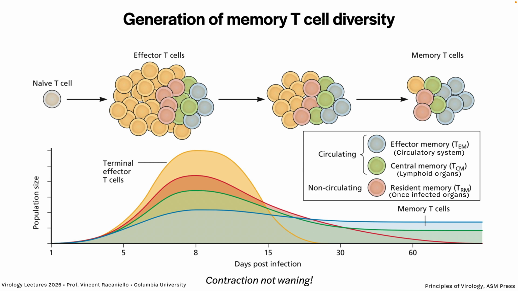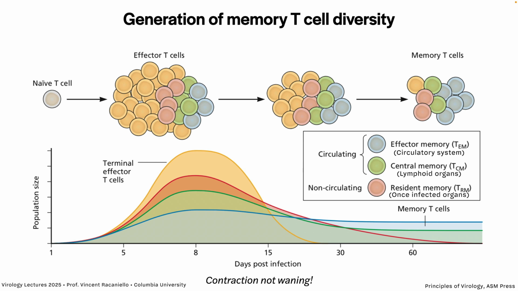Then we have, these colors are not really great. Huh? I guess this orangey thing must be the resident memory T cells, right? Because the green and the blue are the other two curves. The green and yeah. So this must be the resident memory.